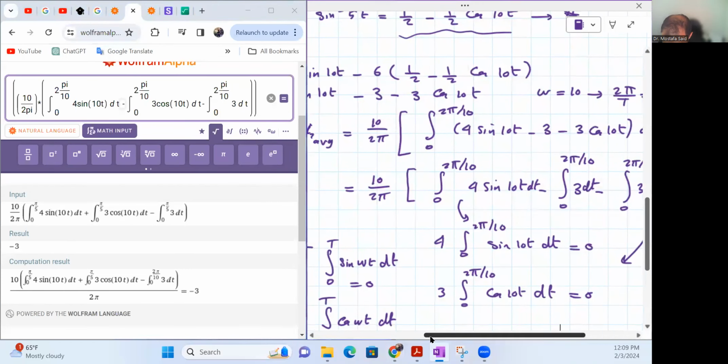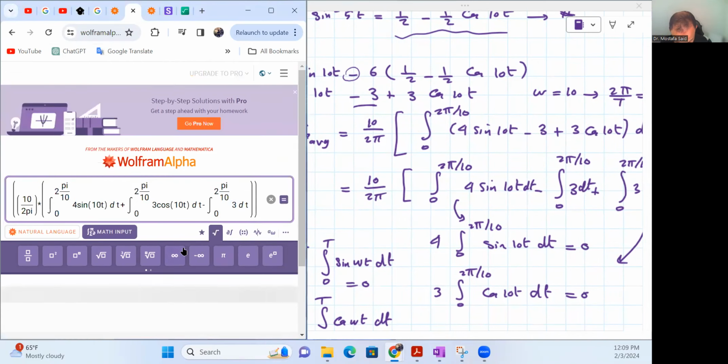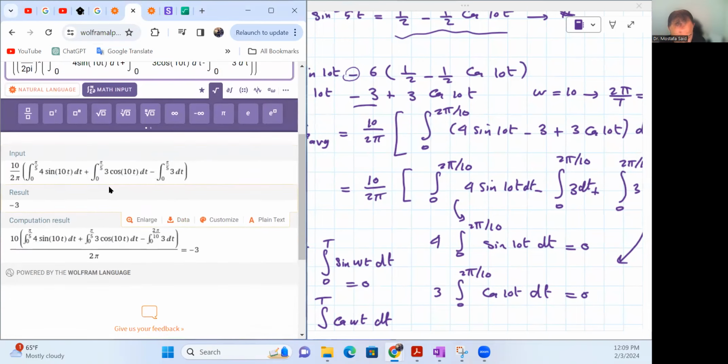Because there is a minus here, so minus with positive will be minus. So that's minus 3. Minus will be positive. But it doesn't matter because basically it's going to be 0 at the end of the day. Let's evaluate it. First, it will write it in a mathematical way, so you can review. And yes, it's correct. And finally, it is minus 3.